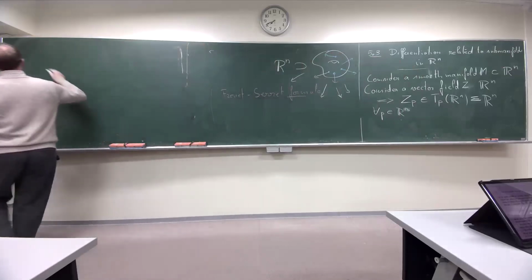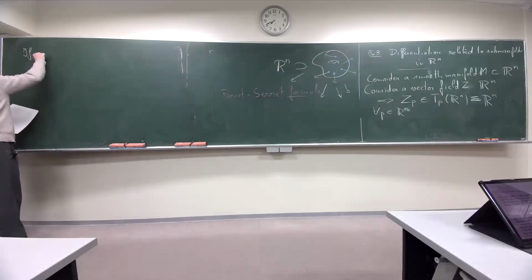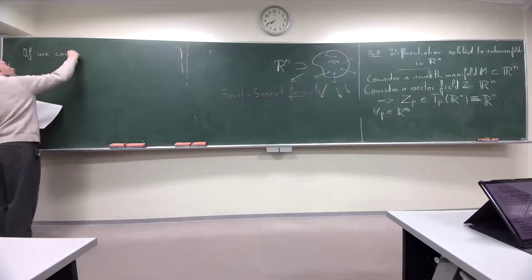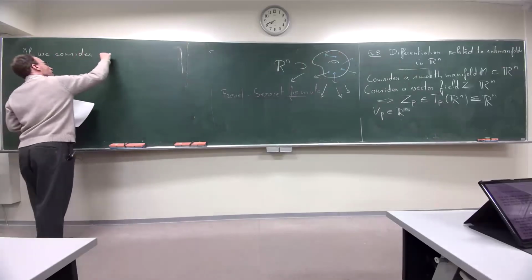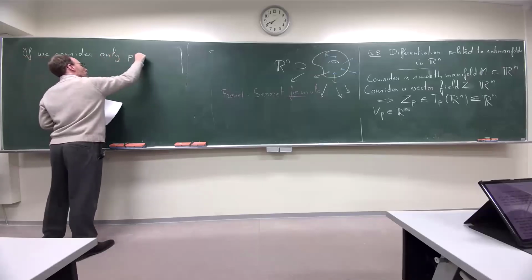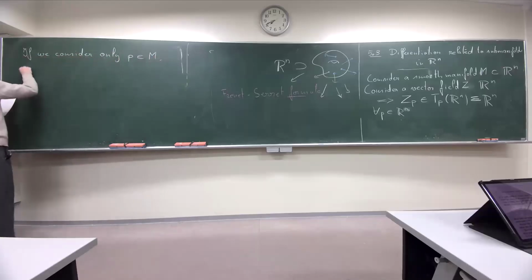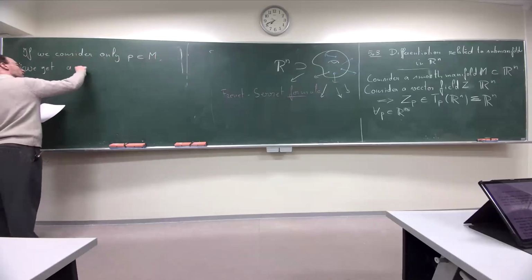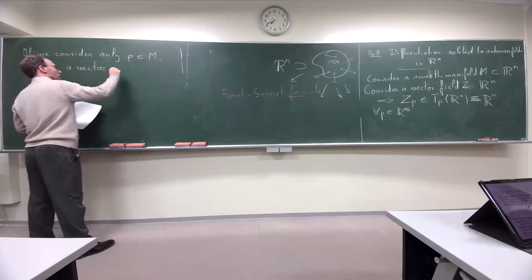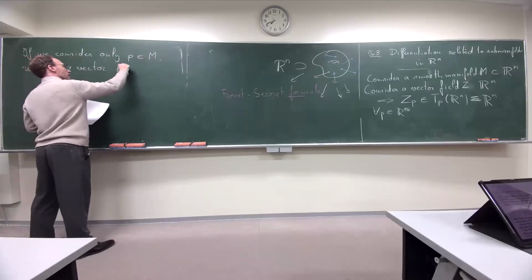So if we consider only p belonging to the manifold, we get a vector field. So this is, in fact, the definition. We get a vector field.